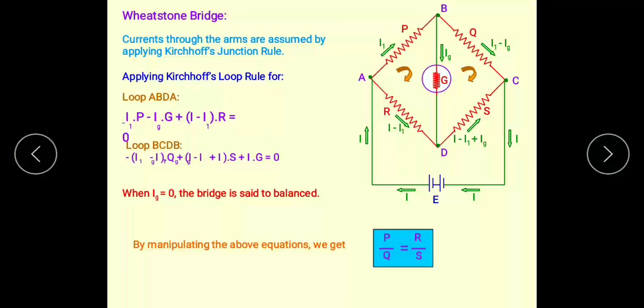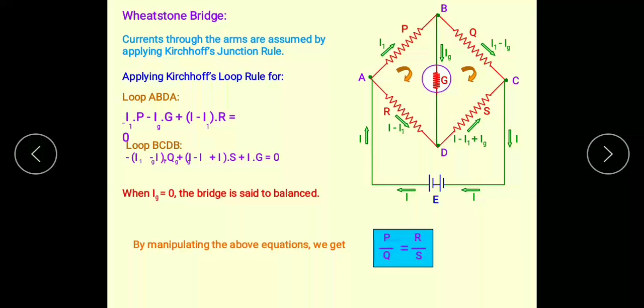Now we know very well the galvanometer. What is a galvanometer? It is basically a device which detects current in the circuit. So it detects whether the current is flowing in the circuit or not. So here the galvanometer is attached.